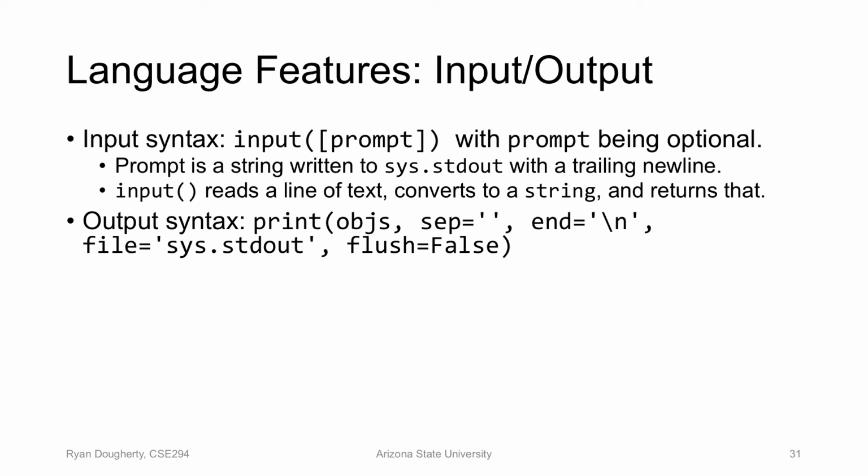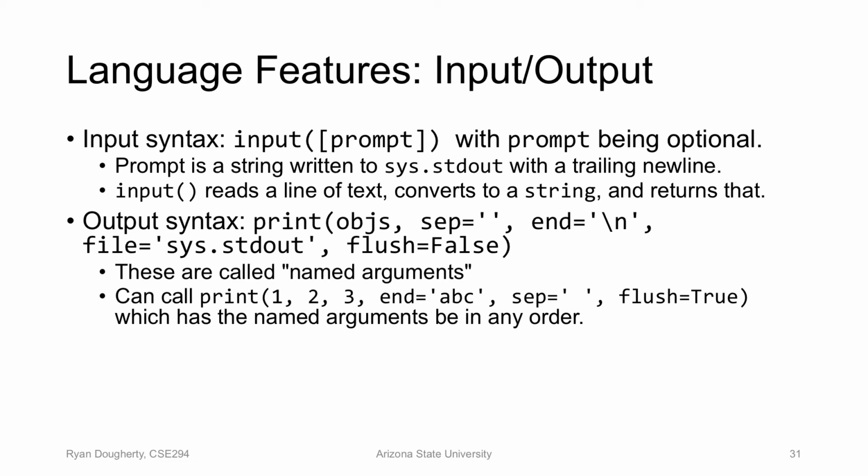We have the print function, which can take in any number of comma-separated arguments, and there are a whole bunch of named arguments which are really cool. Like you can specify the separator between the individual arguments, where all of the output is written. So you can either write to stdout, or you can write to a file explicitly. You can write what is at the very end of the print statement and a whole bunch of other things.